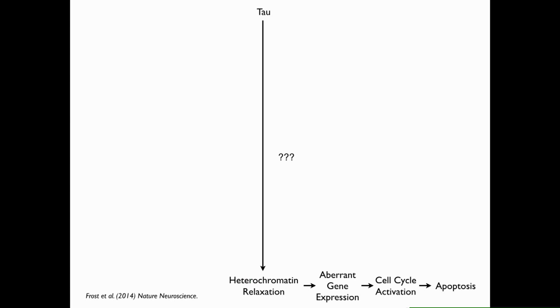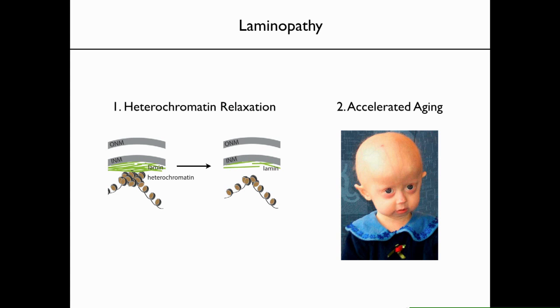Okay, so when I came to this project, my next question was, how is pathological tau causing heterochromatin to relax? And I became really interested in a group of disorders called laminopathies. These are due to mutations in the Lamin gene. The reason I was attracted to them was that a well-known feature of laminopathies is relaxation of heterochromatin, what I had just seen for tauopathy.